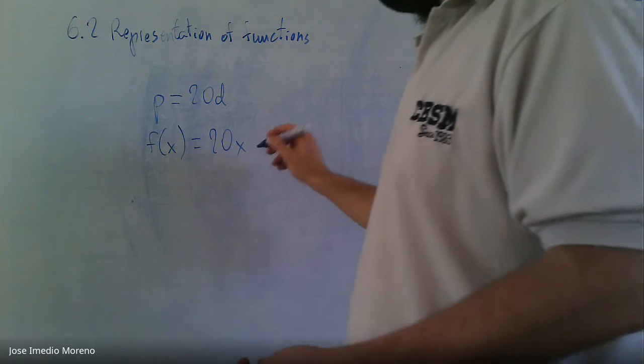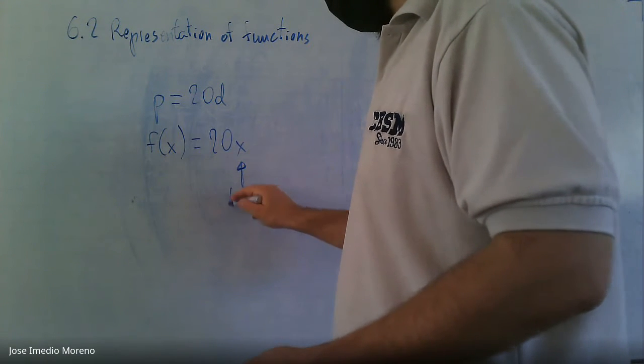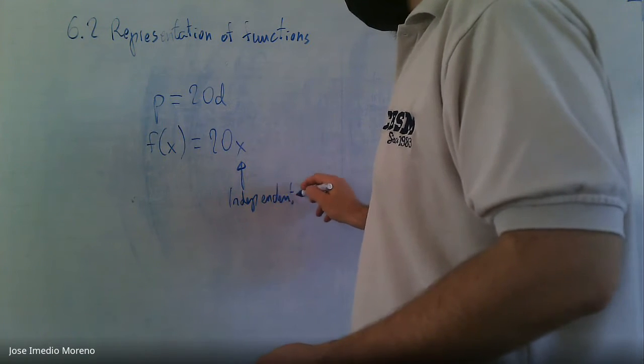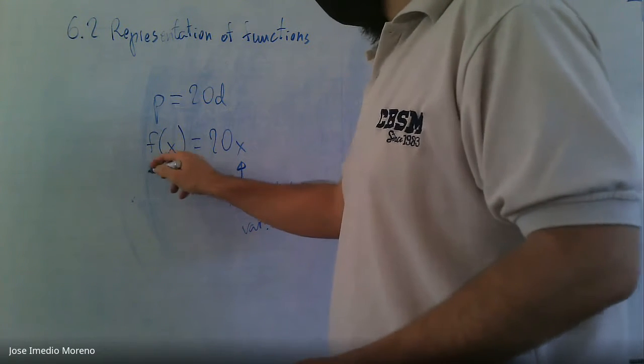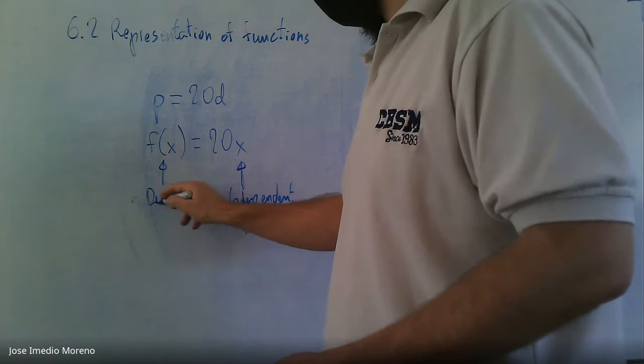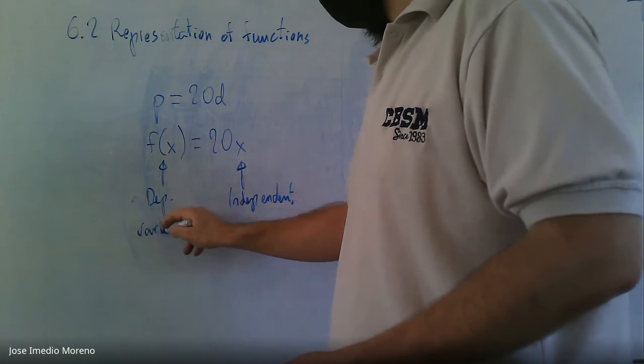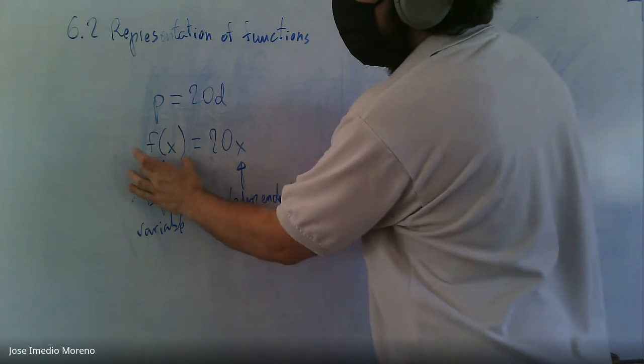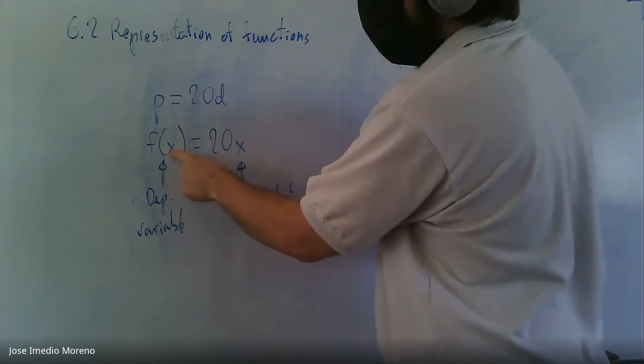And as we said before, this is what we call the independent variable, and this is the dependent variable. It's very explicit here because it's f of x, function of x.